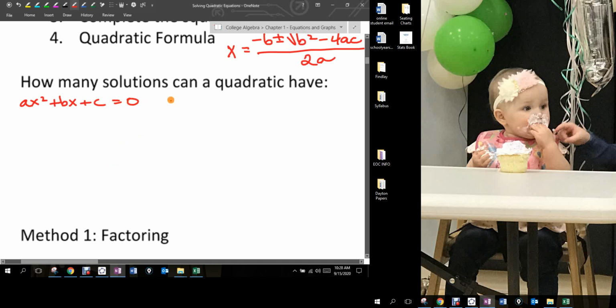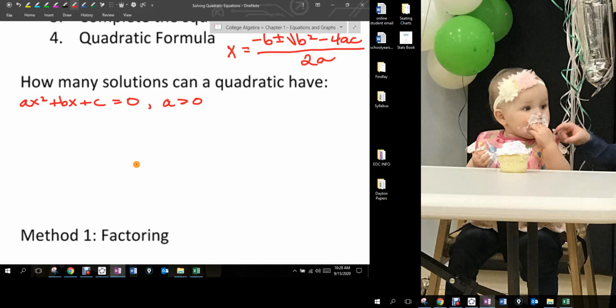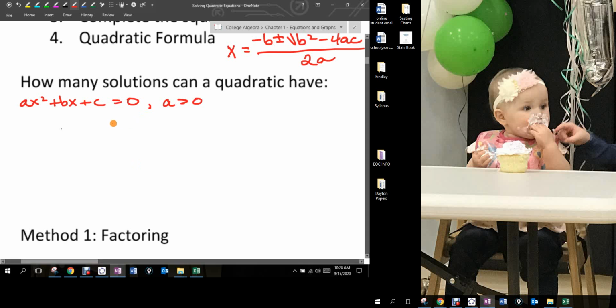In all these pictures, a is going to be positive. A can be negative and will be negative a lot, especially in the applications that we work with in the next couple of days. But if a is positive, remember we're talking about concave up and concave down. If a is positive, your graph is going to be concave up. And that's the general picture of a parabola that most people think about.